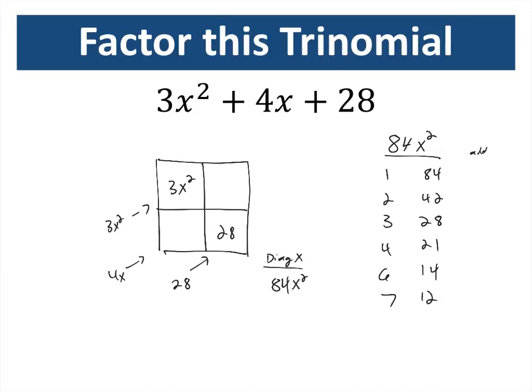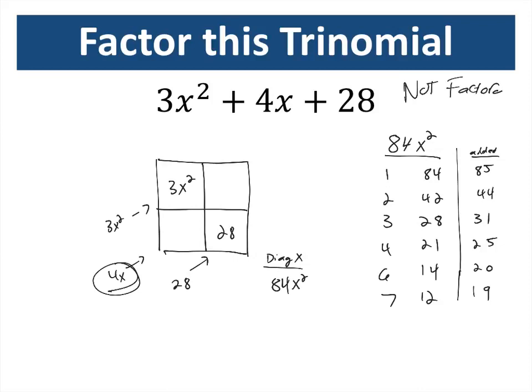When we add them together, I get 85, 44, 31, 25, 20, and 19. Oops, none of those add to the 4 that I need over there. This is not factorable.